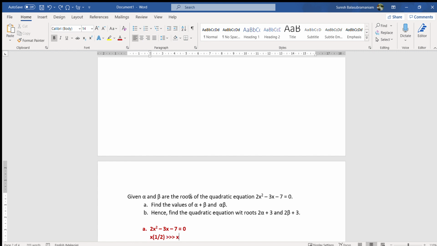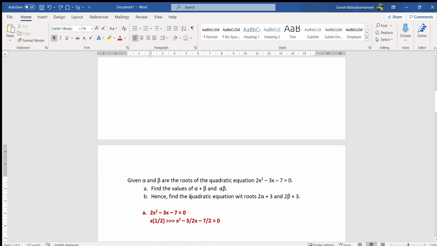So when I multiply by 1 over 2, I'll get x squared minus 3 over 2 x minus 7 over 2 equals 0. So I'll compare this with the equation for the sum of roots and product of roots.